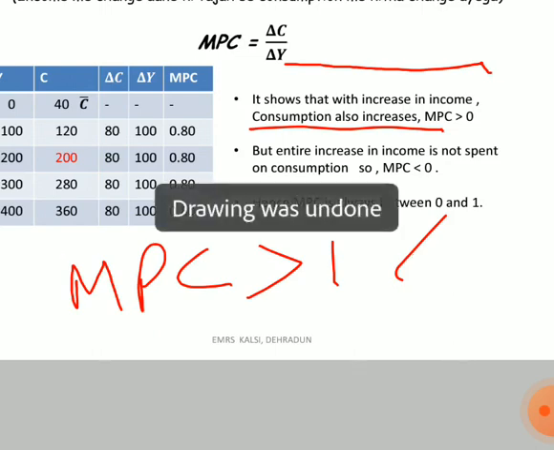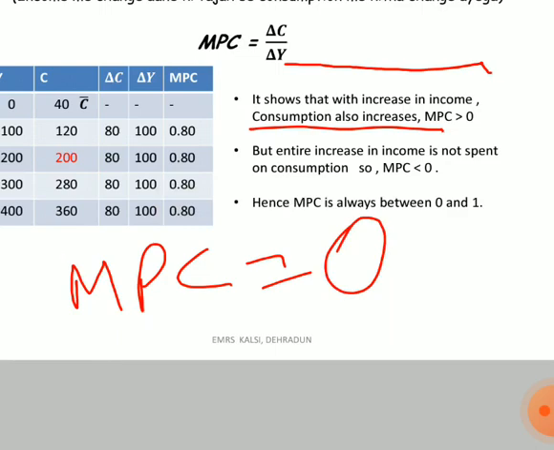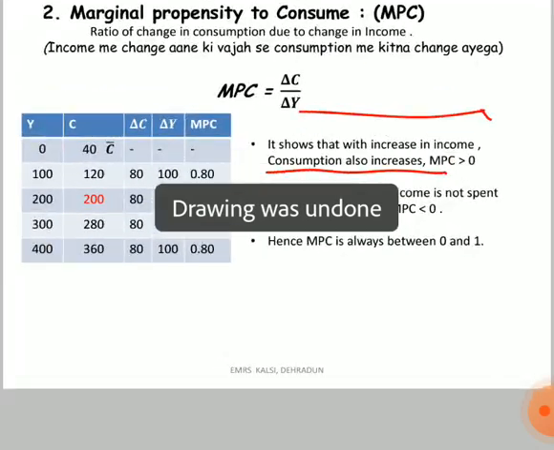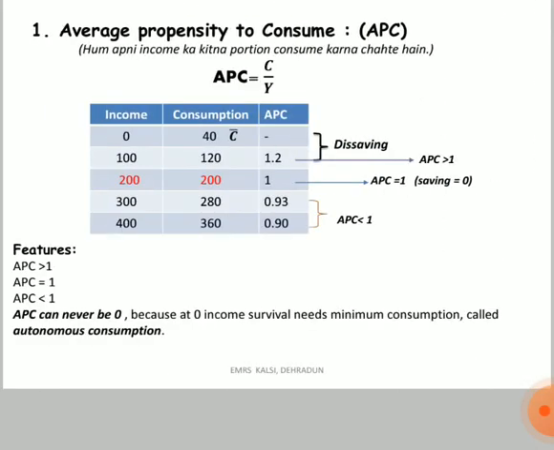MPC can be less than 1, MPC can be equal to 1, and MPC can be equal to 0, but it cannot be greater than 1. You just have to remember this thing. But APC can be greater than 1.